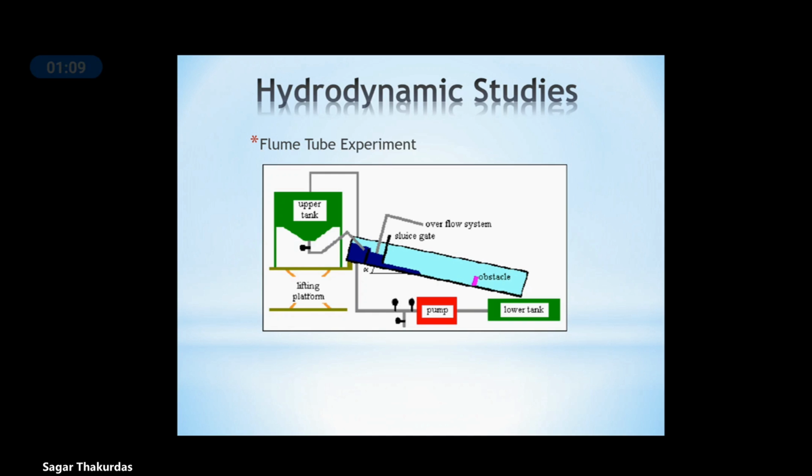With changing velocity of water, grain size and water depth, or by changing different physical parameters, the formation of different types of sedimentary structures can be observed inside the lab, and you can predict how these structures must have formed in the field. This is called the flume tube experiment, which is carried out at a large scale in sedimentological labs where we do hydrodynamic studies. I'll show you one video where you will be able to understand this in a much better way.